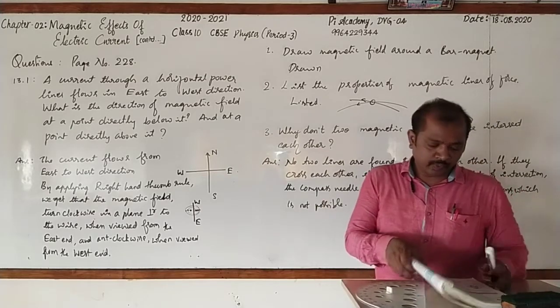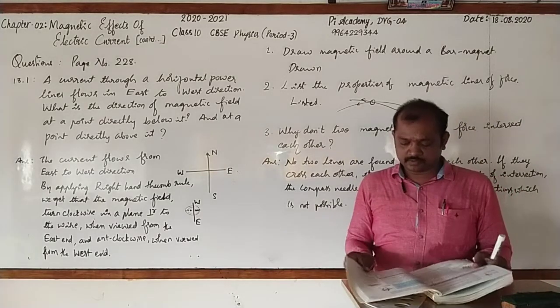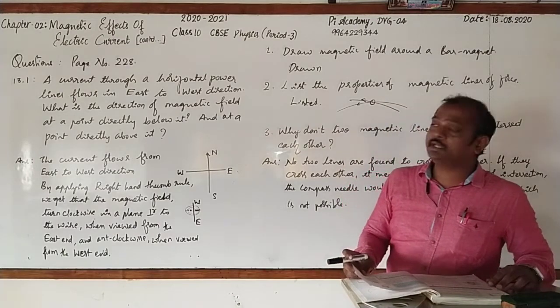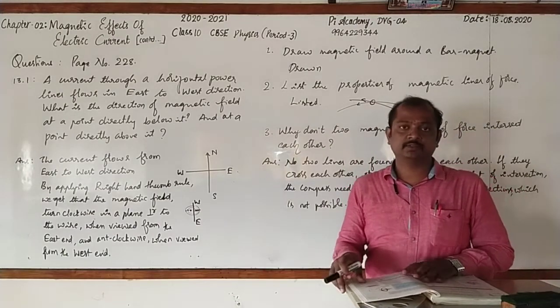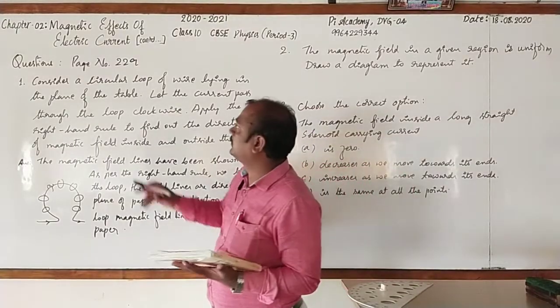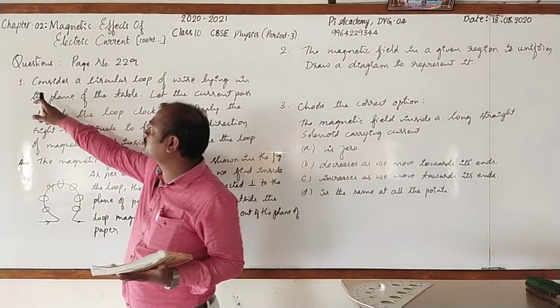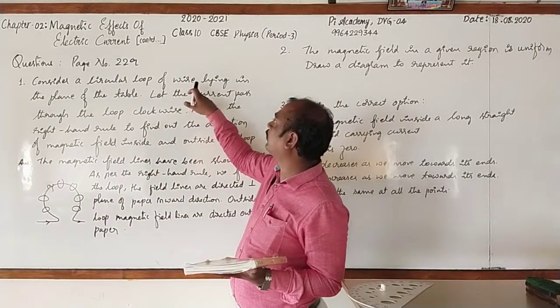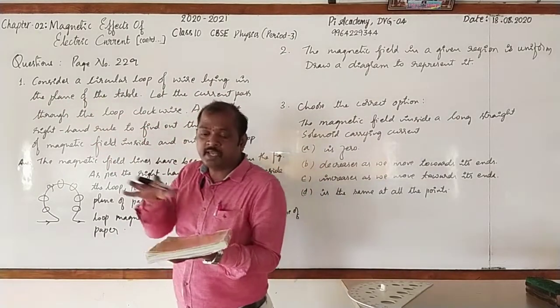Yes, now we are moving to answer some more of the questions that are given on page number 229. Dear students, observe this. First one is like this. Consider a circular loop of wire lying in the plane of the table.